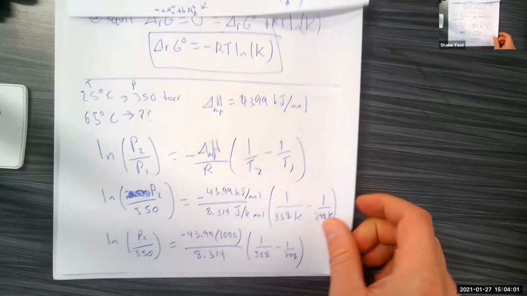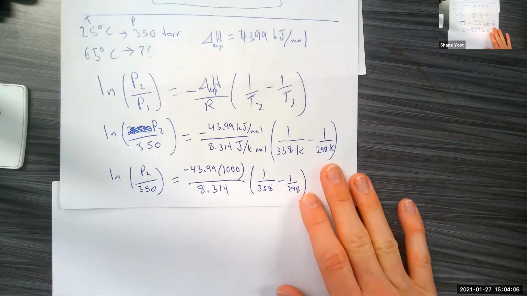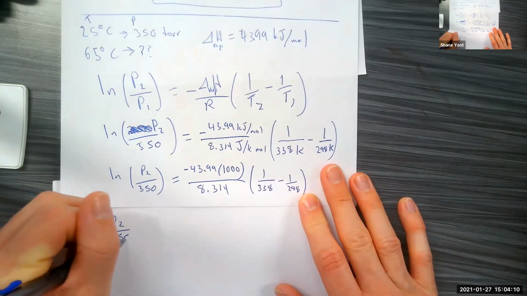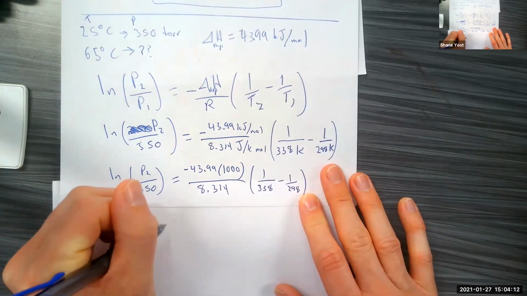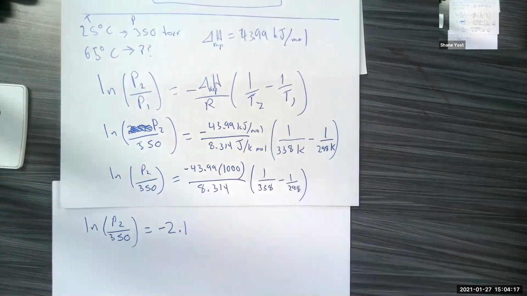All right, so if I did my math correctly, I'll have the natural log of P2 over 350 equals negative 2.1. I'll just round it to 2.1.